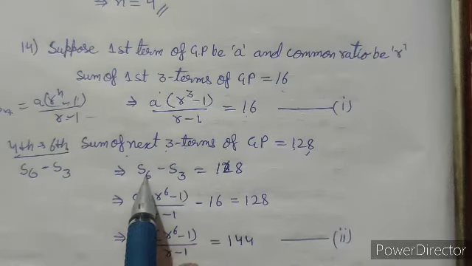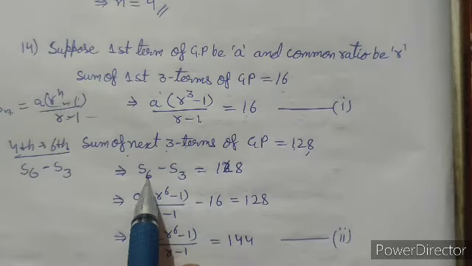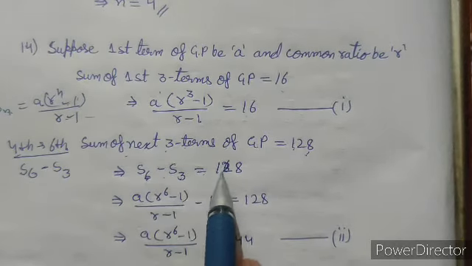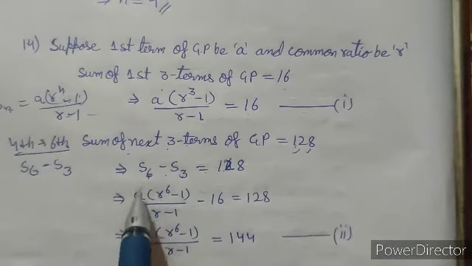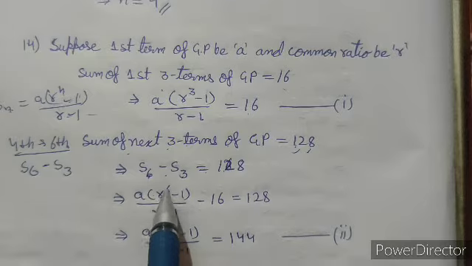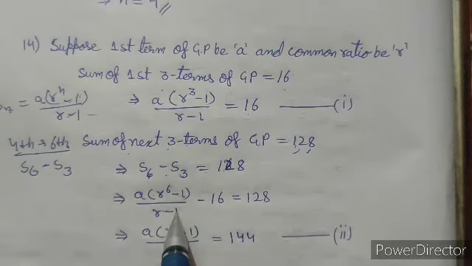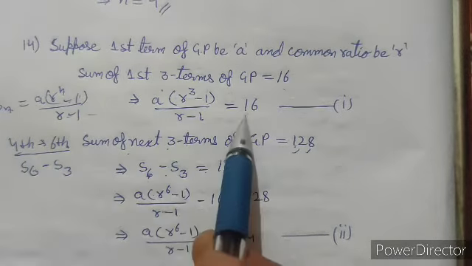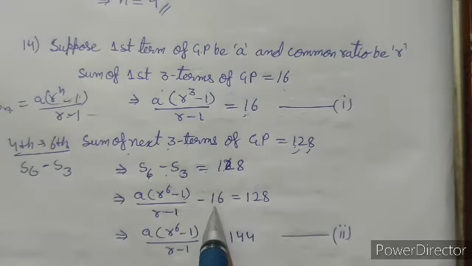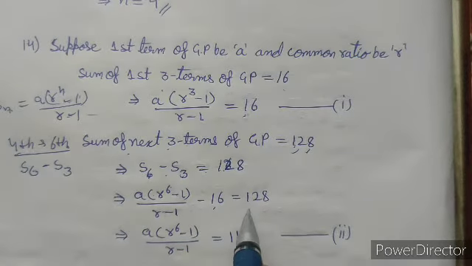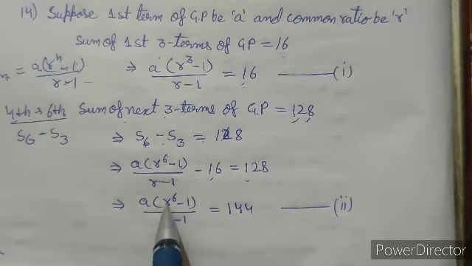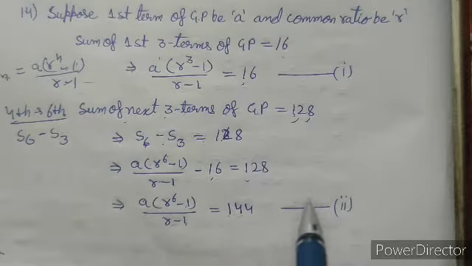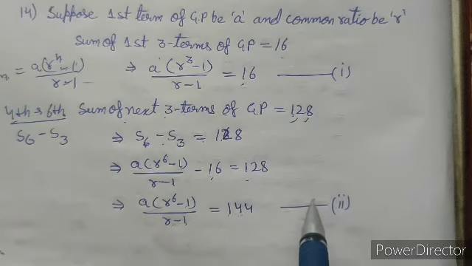That means that will be S6 − S3, and that is given to us as 128. Now S6 will be a(r^6 − 1) upon (r − 1), and S3 is already given to us as 16, and that is equal to 128, and this will give us a(r^6 − 1) upon (r − 1) as 144, and this is our equation second.